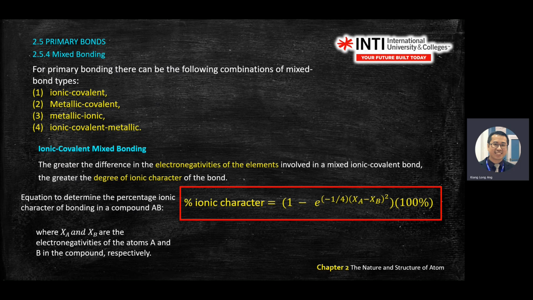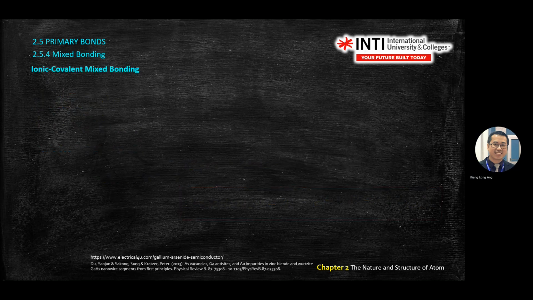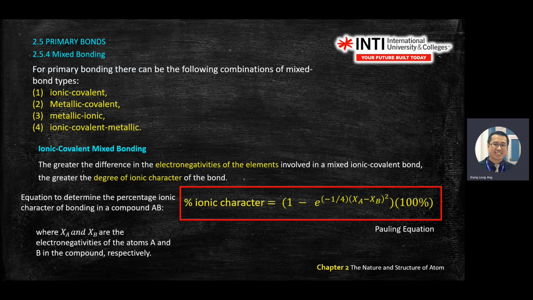If you use this one, it means you don't understand what the question asks you. Or sometimes the question asks you based on your understanding of the Pauling equation. It also gives you some hints. You need to use this Pauling equation. Based on understanding of the Pauling equation, determine the percentage of ionic character between A and B. Okay.